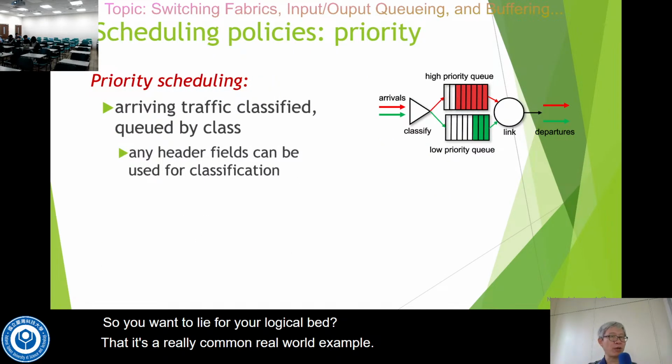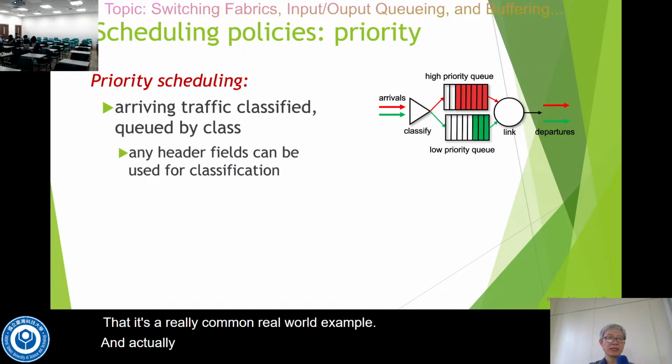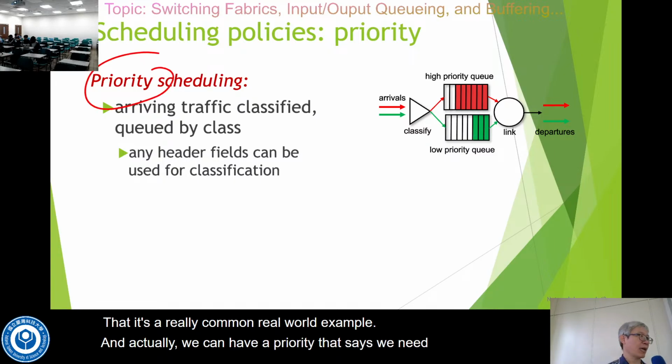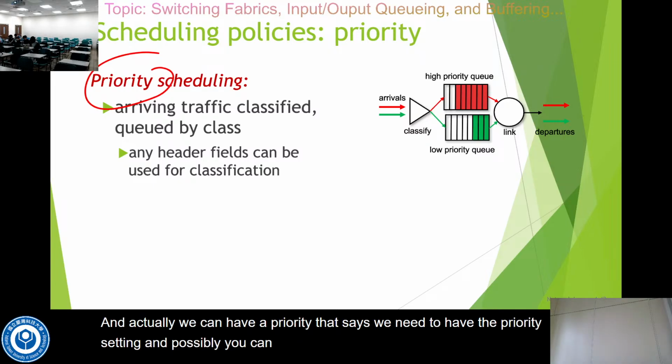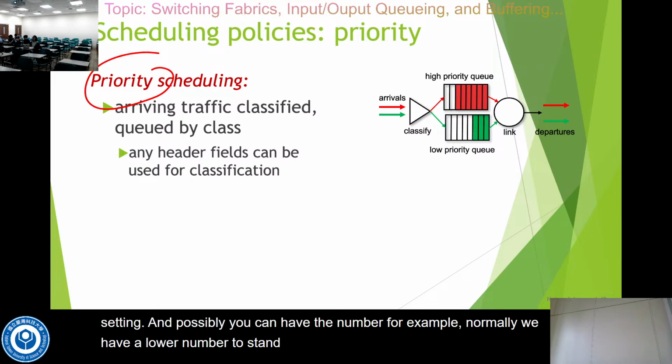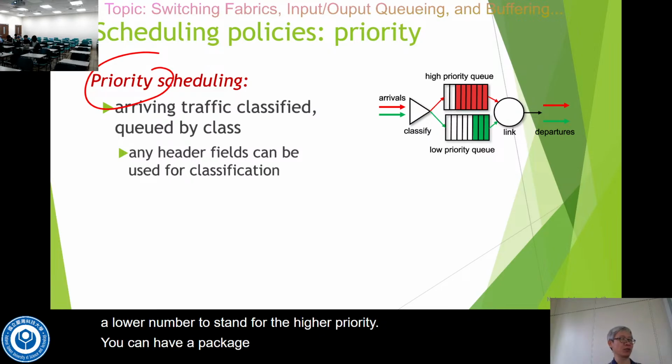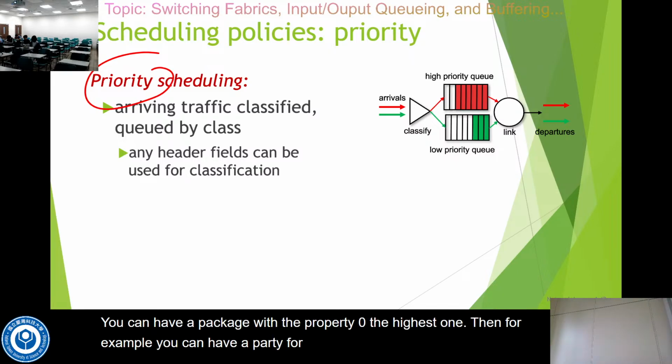And actually, we can have a priority. That says we need to have the priority setting, and possibly you can have a number. For example, normally we have a lower number to stand for the higher priority. You can have a packet with the priority 0, the highest one. Then, for example, you can have a priority 10, which may be really low priority.